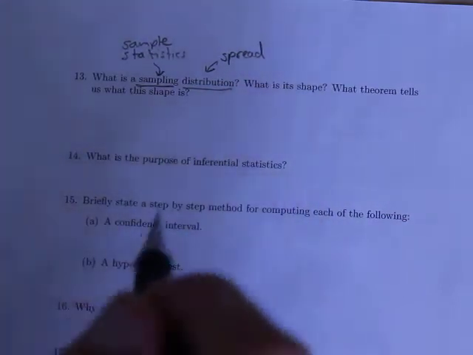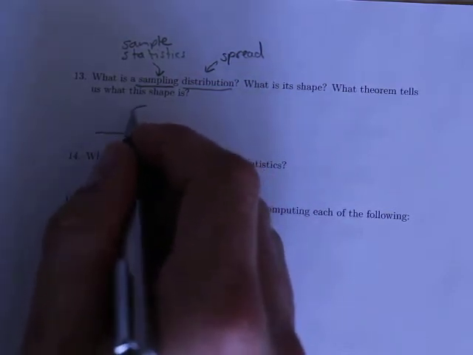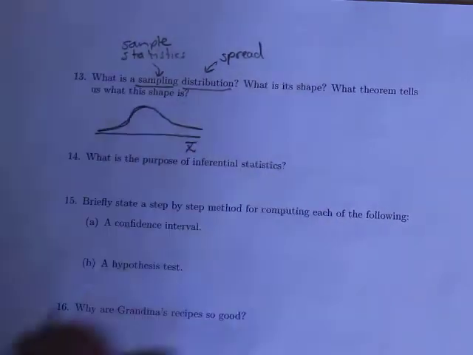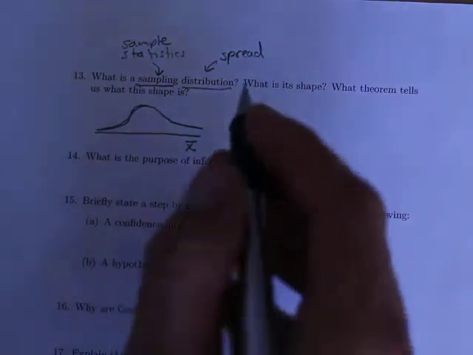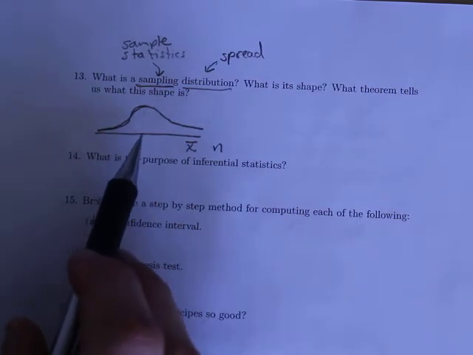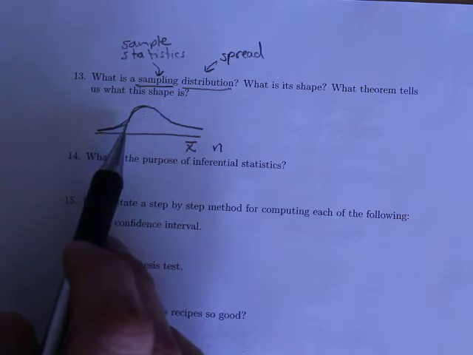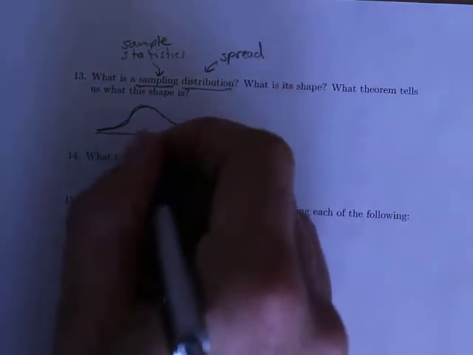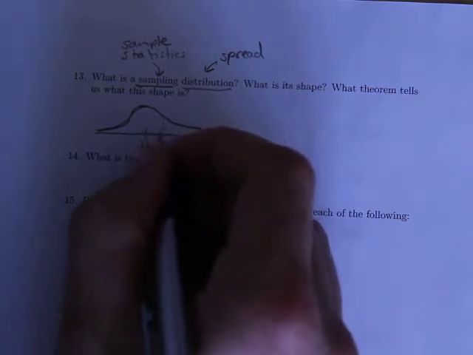The shape of a sampling distribution is, for means, so X bar is a sample mean, and for some sample size n, the shape of the sampling distribution is, hopefully you guessed it and just said it out loud and everyone else in the library is staring at you now, it is normal.